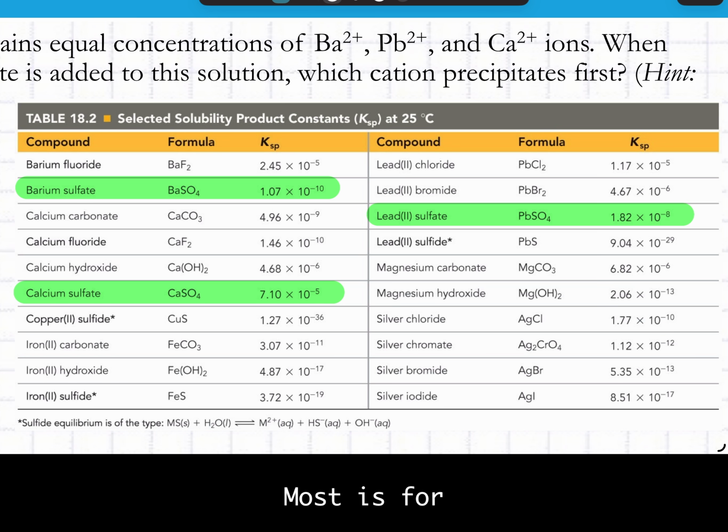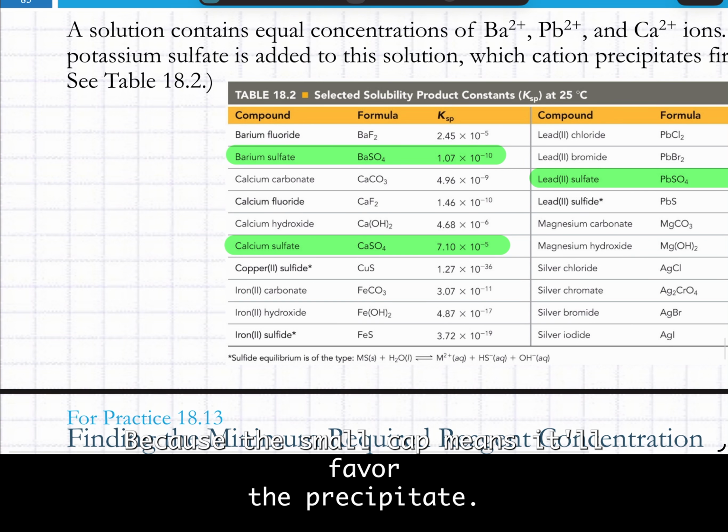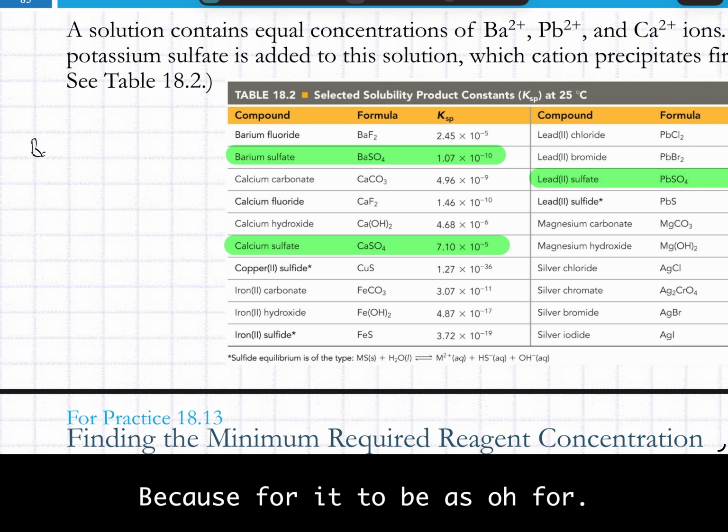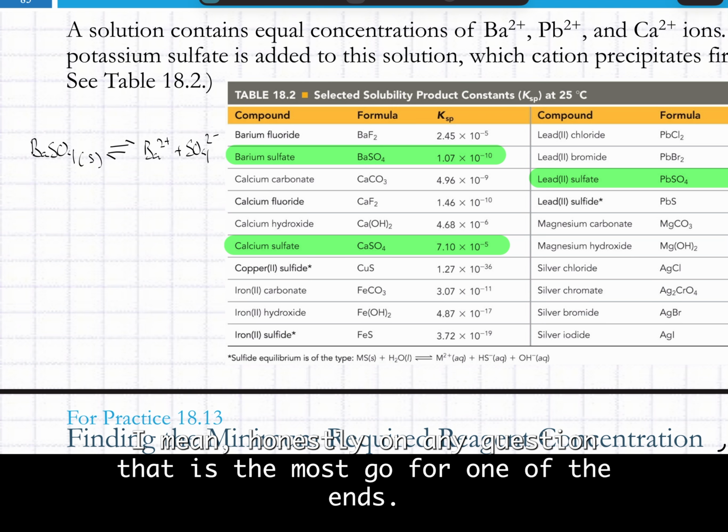Small KSP means it will favor the precipitate, because if I write out BaSO4, I mean, honestly, on any question that is the most, go for one of the ends.